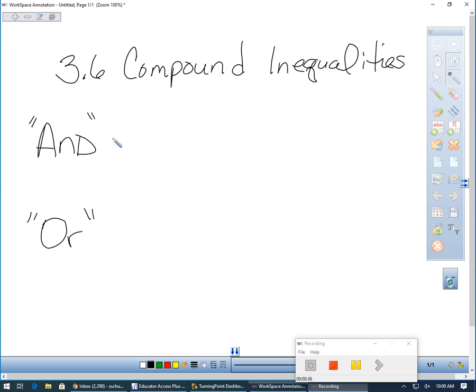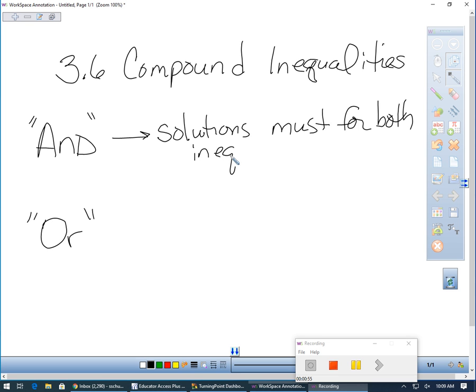An and inequality means that the solutions must work for both inequalities. So, for example, and I'm going to relate it back to English class again really quick. If I were to say it is nice outside and it is sunny, that means it's both of them, right?